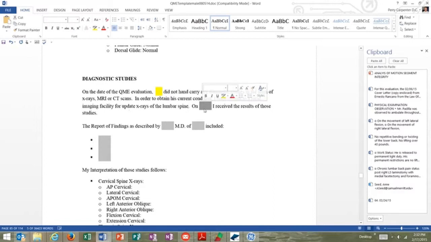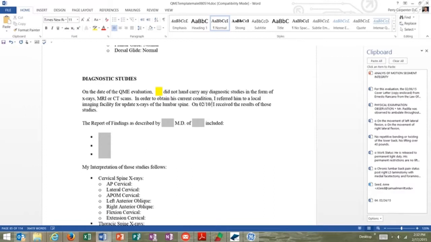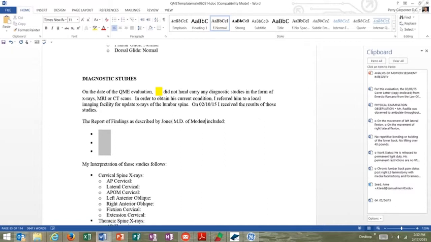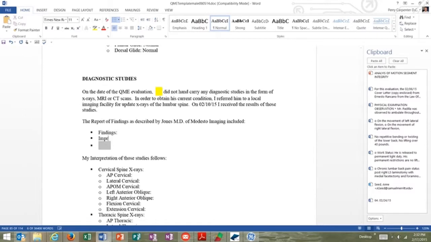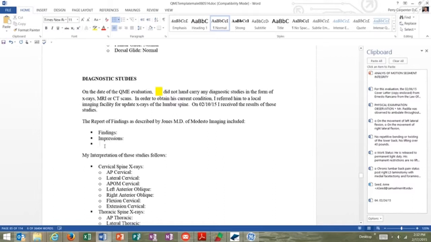On February 10th, I received the results of those studies. The report of findings of those studies, as described by Jones, MD, of Modesto Imaging, included, and then here, write down word for word exactly what the findings and exactly what the impressions of Jones, MD, of Modesto Imaging were.